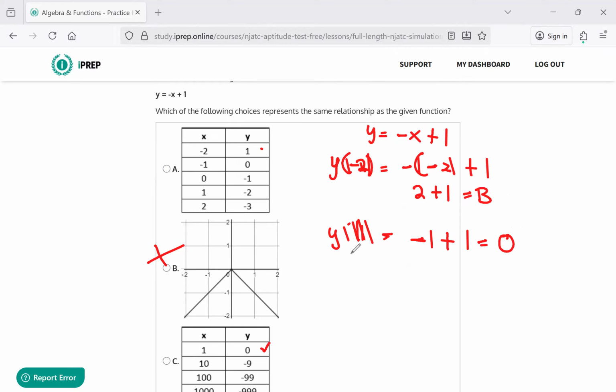Let's try a few more. If I plug in 10, we can do this in our head. What's negative 10 plus 1? Negative 9. Yes, that's true. If I plug in 100, what's negative 100 plus 1? Negative 99. Yes, so that's the only one that's true. So I'm going to say C.